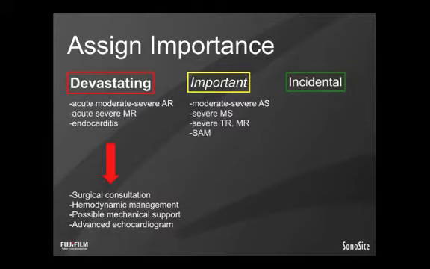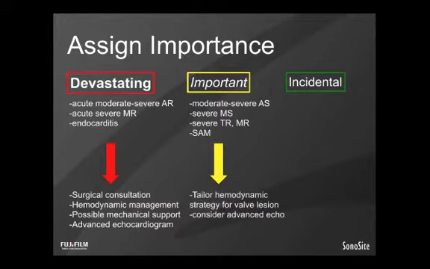Important lesions like severe AS, severe MS, systolic anterior motion of the mitral valve, or severe chronic MR or TR, this results in changes to your hemodynamic strategy for that valve lesion. It might influence the way you intubate somebody if they have severe AS, of course. It may influence your beta blocker therapy for severe mitral stenosis, your fluid administration therapy, and inotrope choices for somebody with systolic anterior motion.